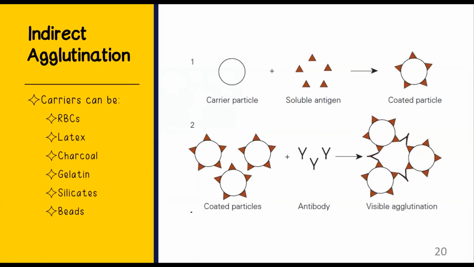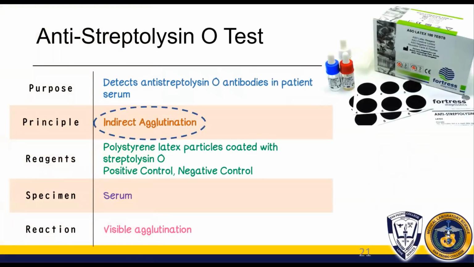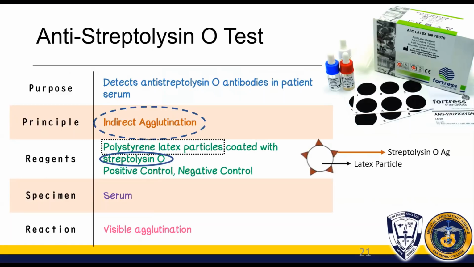Now, why did I mention direct and indirect agglutination? Class, because ASO testing employs indirect agglutination. It is indirect agglutination because the antigen, which is the streptolysin O, is artificially incorporated to the carrier molecule, which is the latex particles.